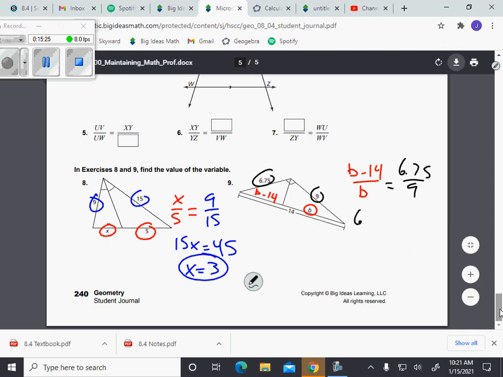Cross multiply, we have 6.75b is equal to 9b minus 14 times 9, which is 126. Subtract 9b, so 6.75 minus 9, that's negative 2.25, negative 126, and divide negative 126 by negative 2.25, and you'll get your answer b, which is 56.